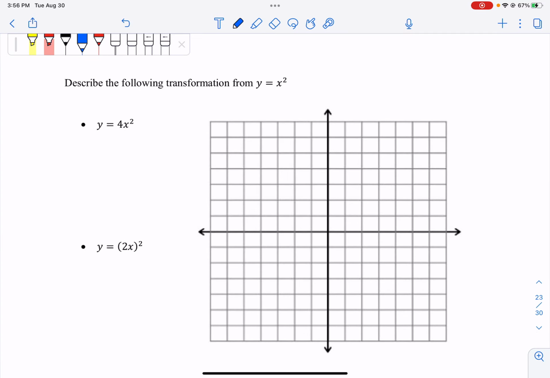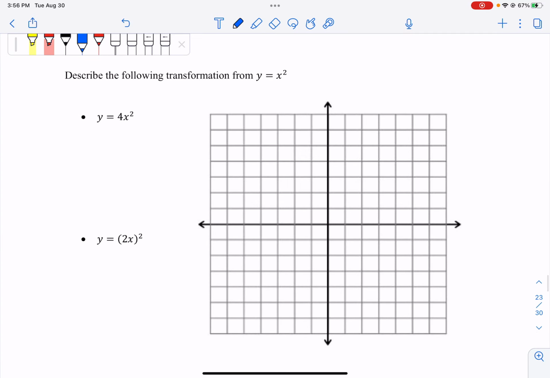Describe the following transformation from y is equal to x squared. So if we look over here, y is equal to 4 times x squared. So we know this is a vertical expansion by 4. Okay.